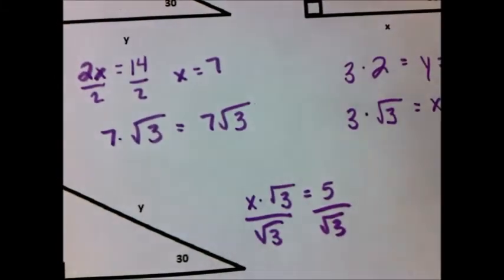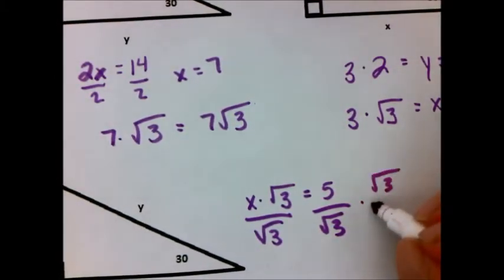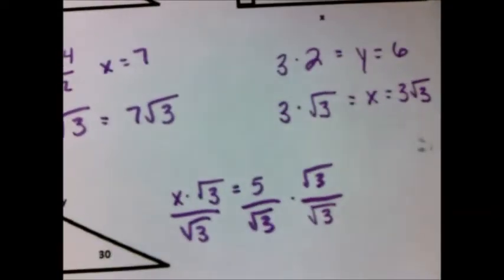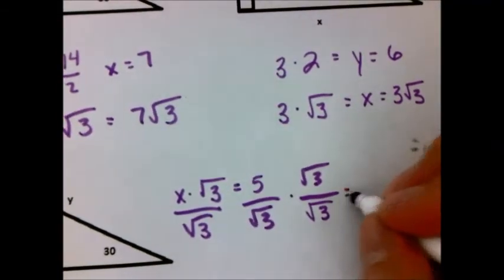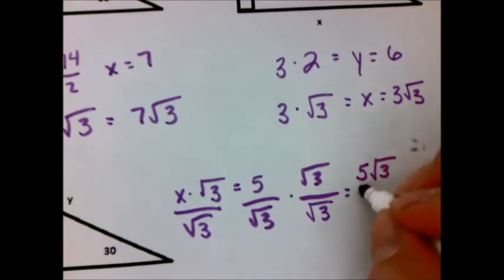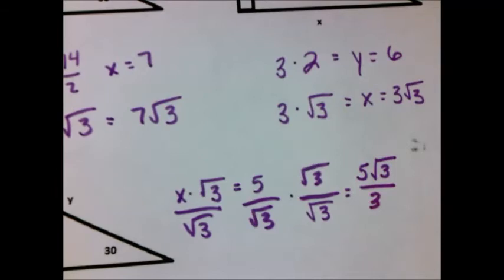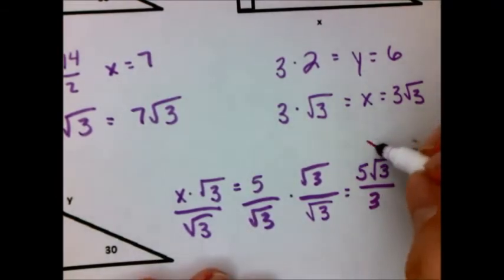Now, we can't leave the square root on the bottom, so we have to multiply the top and the bottom by the square root of 3. And then that will give us 5 square root 3 all over 3. That is what our x is. So this is the x.